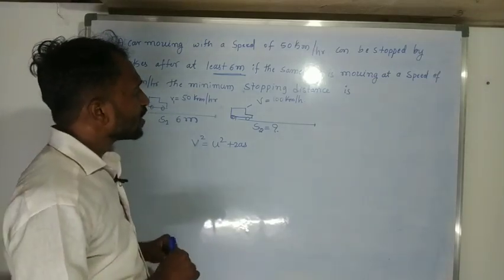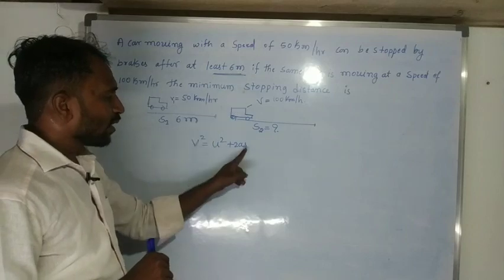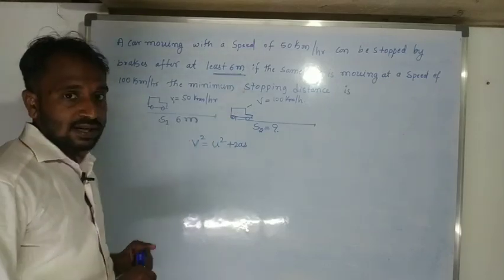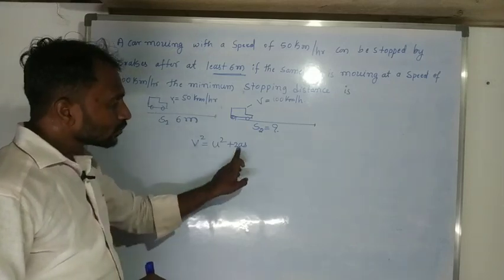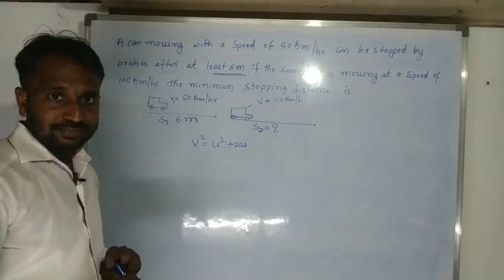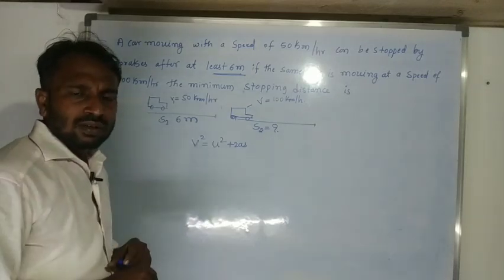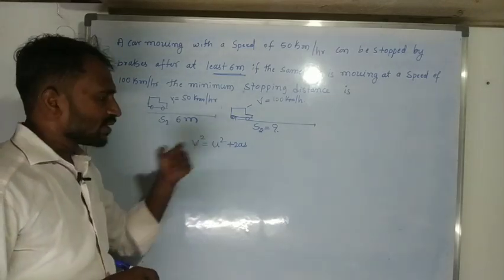Then the distance s value is there, along with the first velocity of the car, and the acceleration.